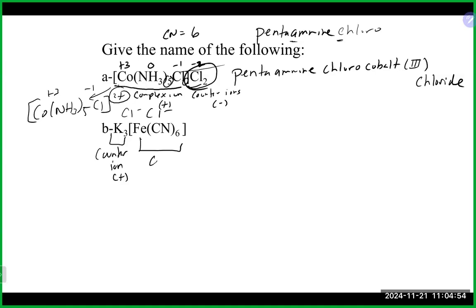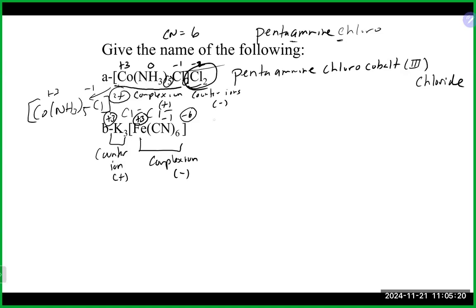We have our complex ion coming second, which means it's negative. And in this case, we've got -1 for the cyanide. There's 6 of them, gives you a -6. We have a +3 for the potassiums. So that means here our oxidation state on the iron will be +3. Again, not always going to be +3s. We ran into a bunch of them in these examples, but they can be different numbers.